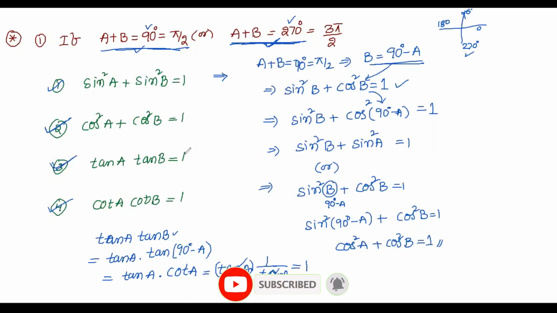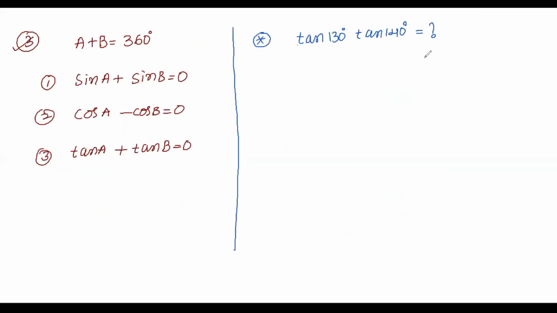Tan a into tan b is 1 only, no? If a plus b is equal to 270, the addition of these two angles is 270 or 90, the answer is how much? 1. So directly the value of this is 1. Why? Because 130 plus 140 is 270 degrees.